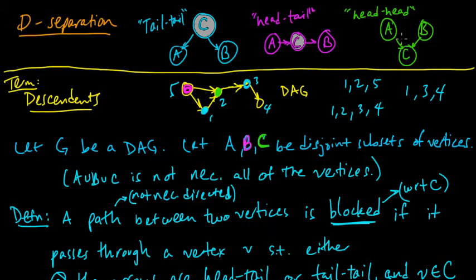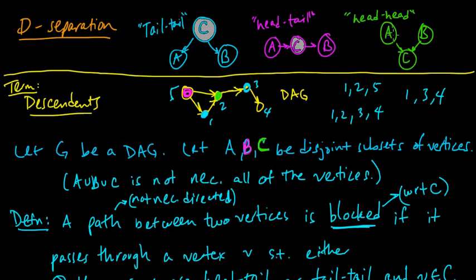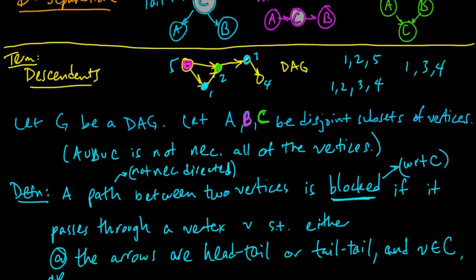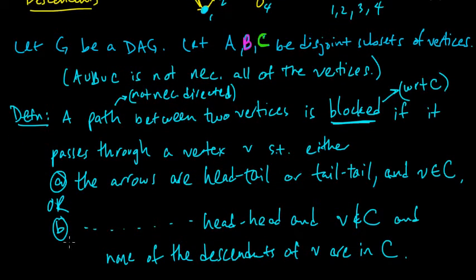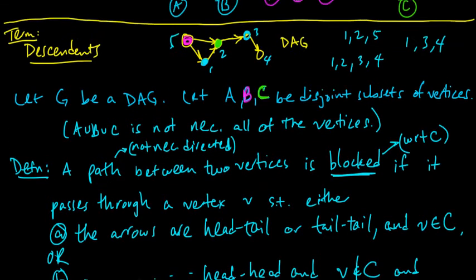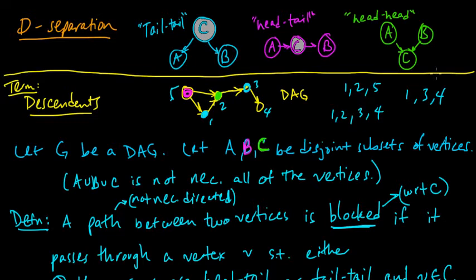And in the head-to-head case, the path is also blocked, from condition B: the arrows are head to head and the vertex C is not in the set C.